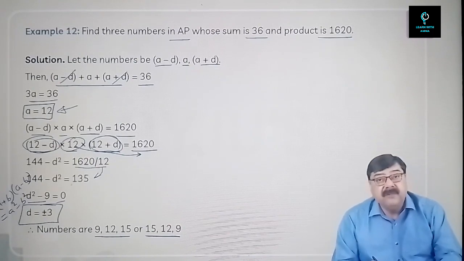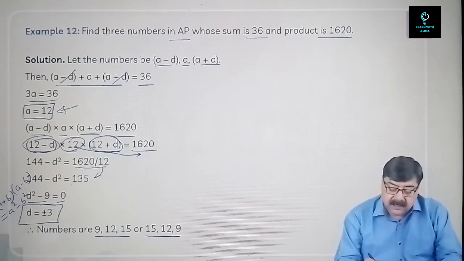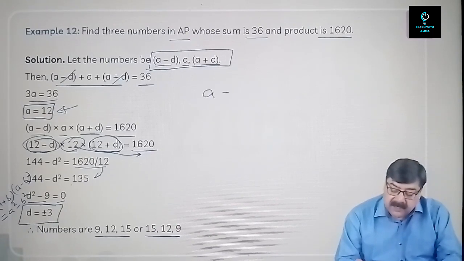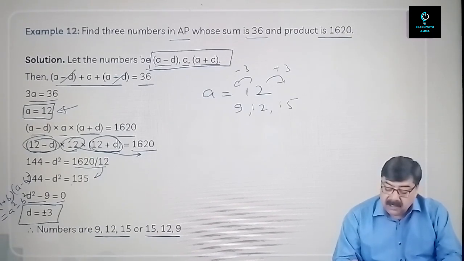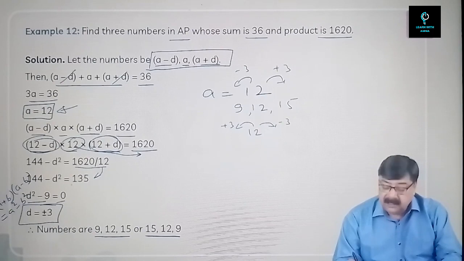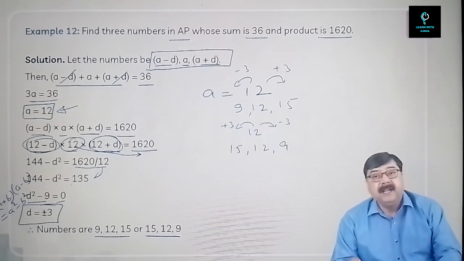When you substitute the value of d in these three numbers, as we know that the value of a here is 12, 12 minus 3 and 12 plus 3 shall give us 9, 12 and 15, or 12 plus 3 and 12 minus 3 here shall still give us 15, 12 and 9 as the AP.